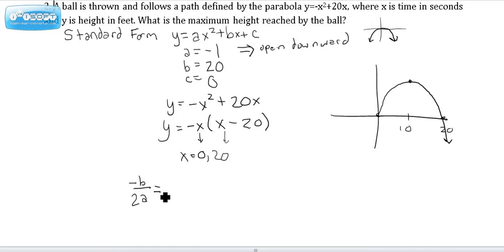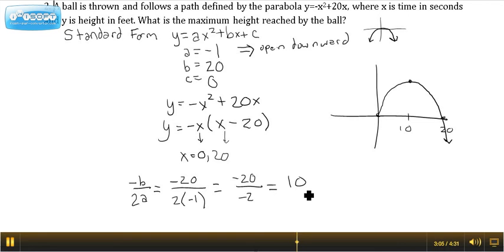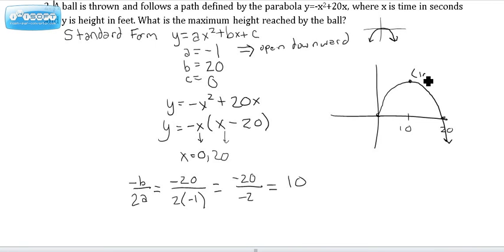In our case, negative b is negative 20 over 2 times negative 1, because our a is negative 1. So we get negative 20 over negative 2, and that reduces right down to 10. So the x-coordinate of our vertex is 10.